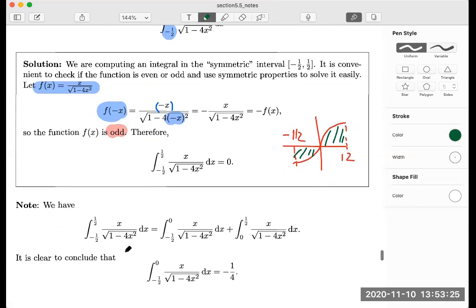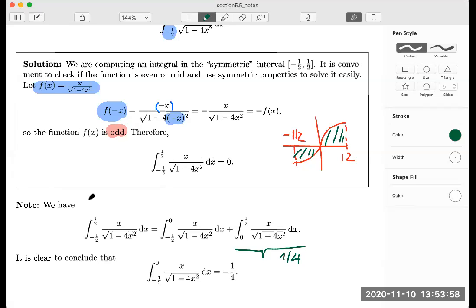So from these properties, if we separate the integral here into a sum of two integrals, the integral from -1/2 to 0, plus the integral from 0 to 1/2 here, right? In the previous example, we found that this guy is 1/4. Okay?